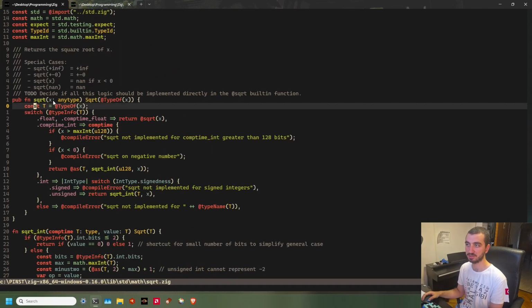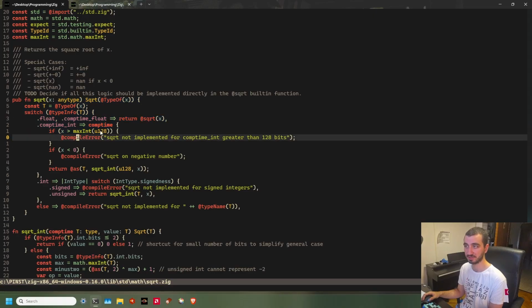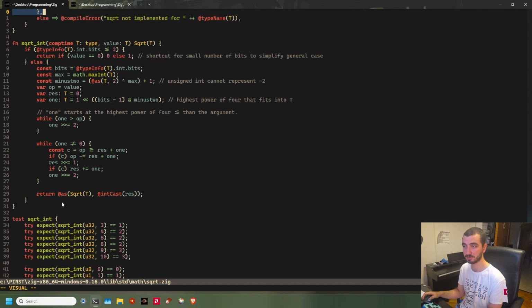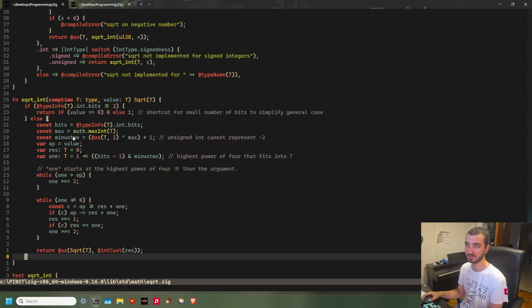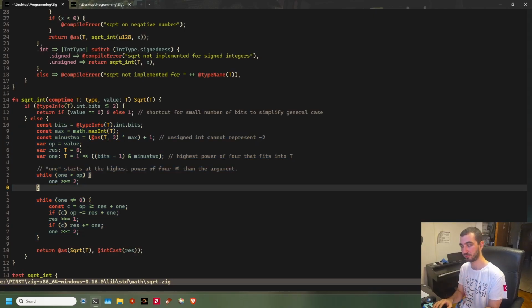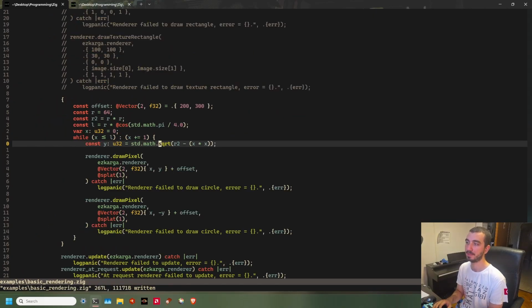It is a generic function that dispatches: if it's float, it just uses the built-in sqrt, and if it's not float, it's an unsigned integer, so it's going to be using this algorithm here. I don't really know how this works entirely, but I at least know that this is faster than the float one. So that's what we're going to be using. And this is going to be like that.